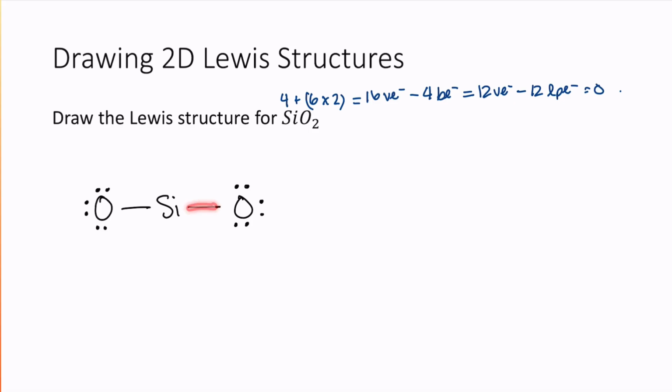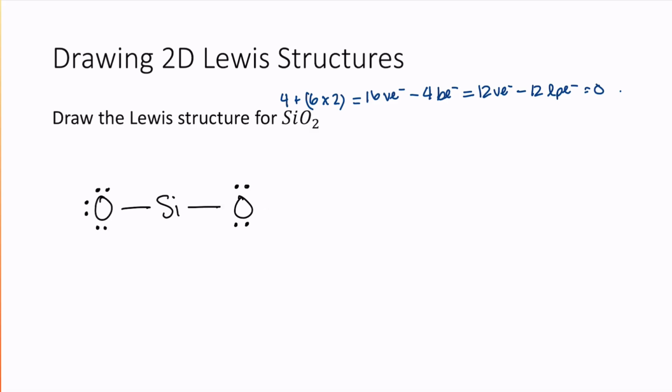I have 2 electrons on this bond, 2 electrons on this bond. So I need to form double bonds in order to fulfill the octet. So what I can do is I can take a lone pair and dump them into this bond here to form a double bond.